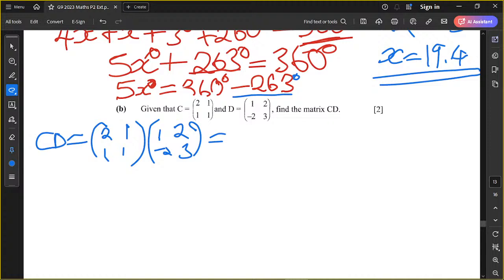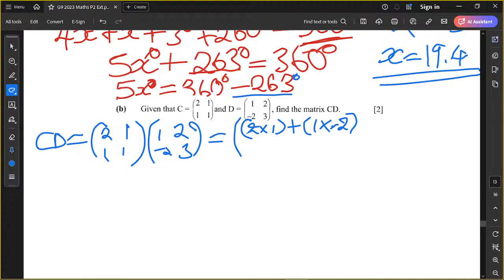So we're going to open a big matrix here. Then we say 2 by 1, close bracket, plus 1 by negative 2, close bracket.